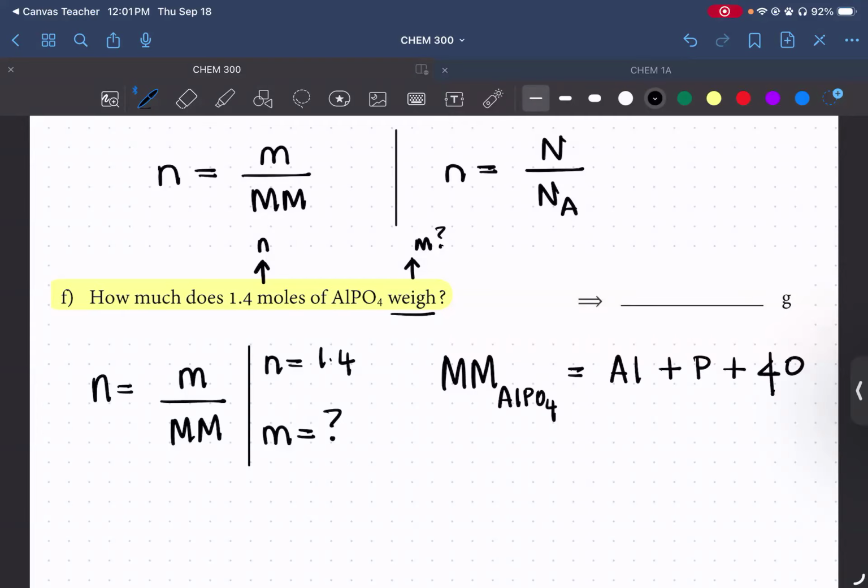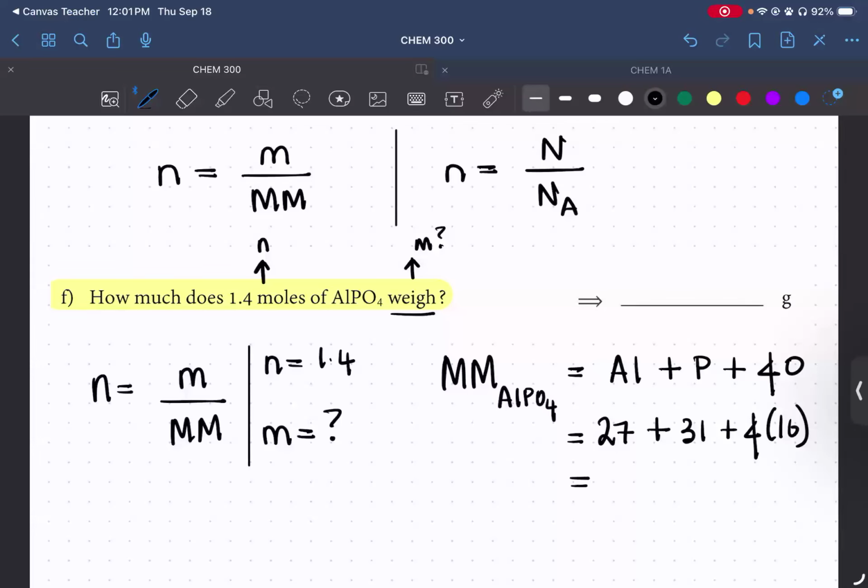We want the total mass of this compound. I'm only going to round numbers here. If you have your periodic table, you can find the numbers. The molar mass of aluminum is 27. The molar mass of phosphorus is 31. The molar mass of oxygen is 16, of which there are 4 of them.